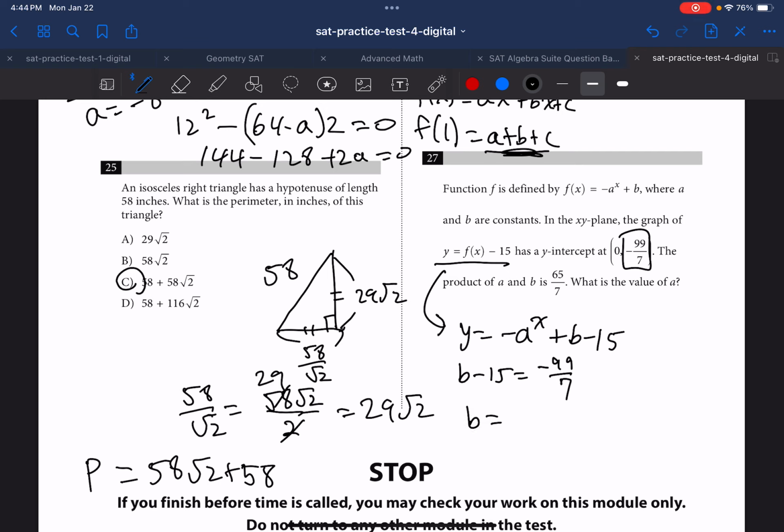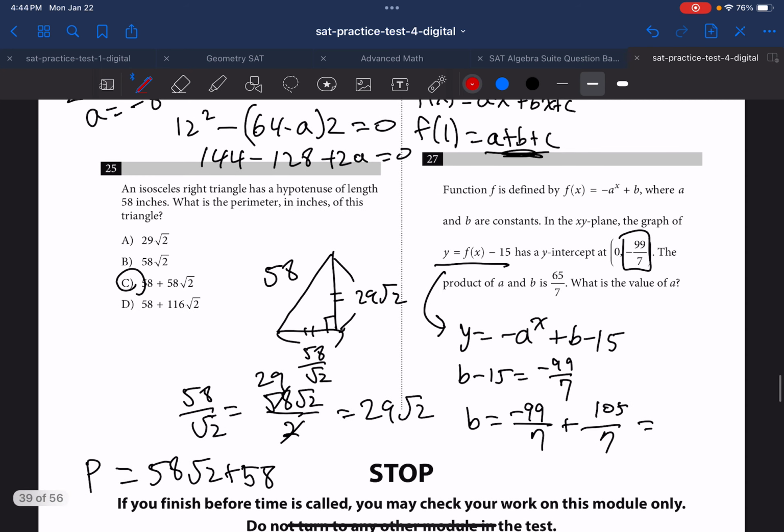So b is equal to negative 99 over 7 plus 105 over 7. So this 105 over 7 is the same thing as 15. And this is equal to 6 over 7. And the product of a and b is 65 over 7.